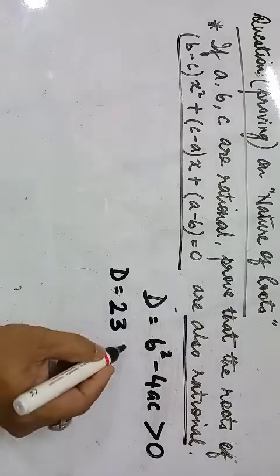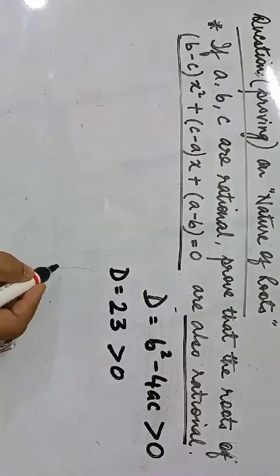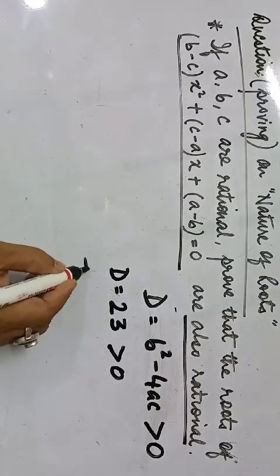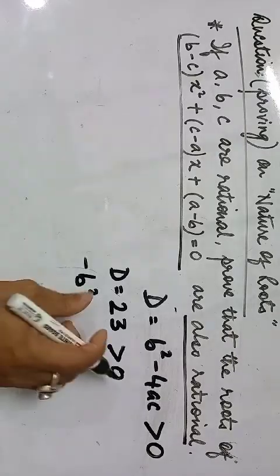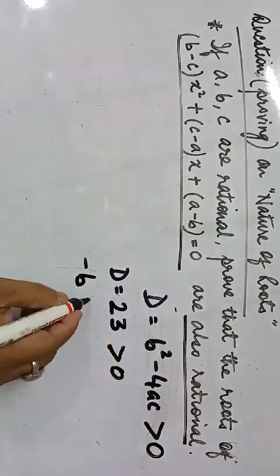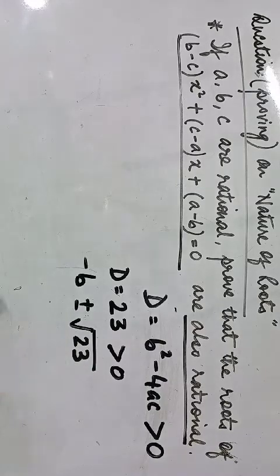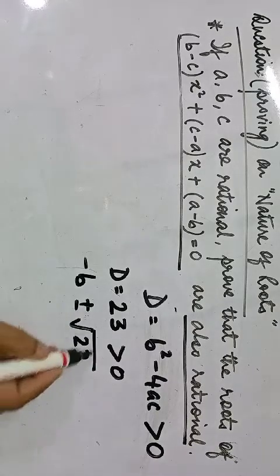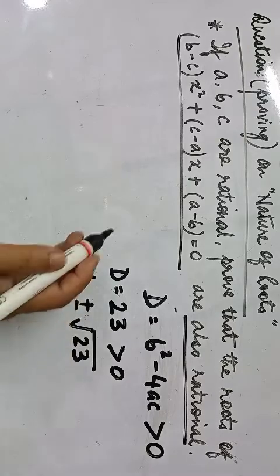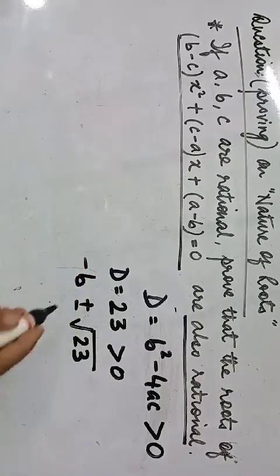Okay, so 23 is naturally greater than 0, but if you put it in that Sridharacharya formula, you will get minus b plus minus under root of 23, which is going to be an irrational number. Okay, which will eventually give your answer.